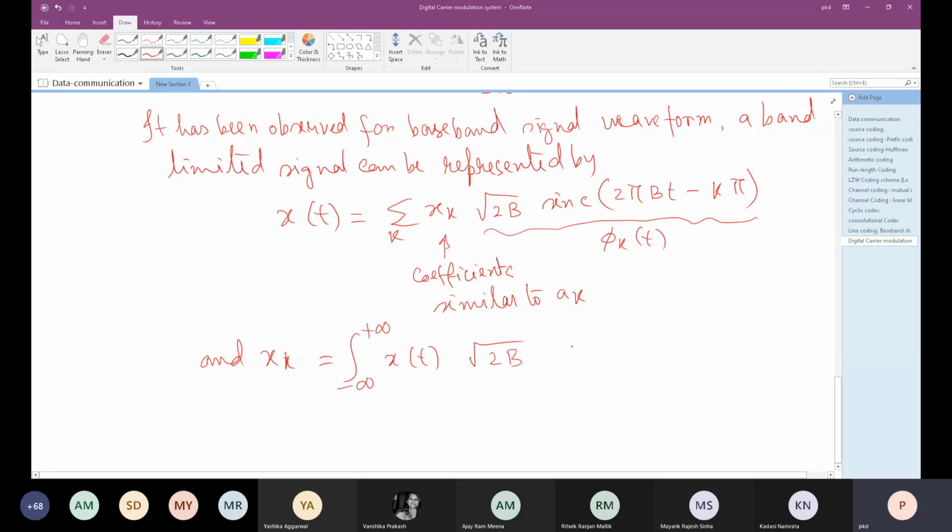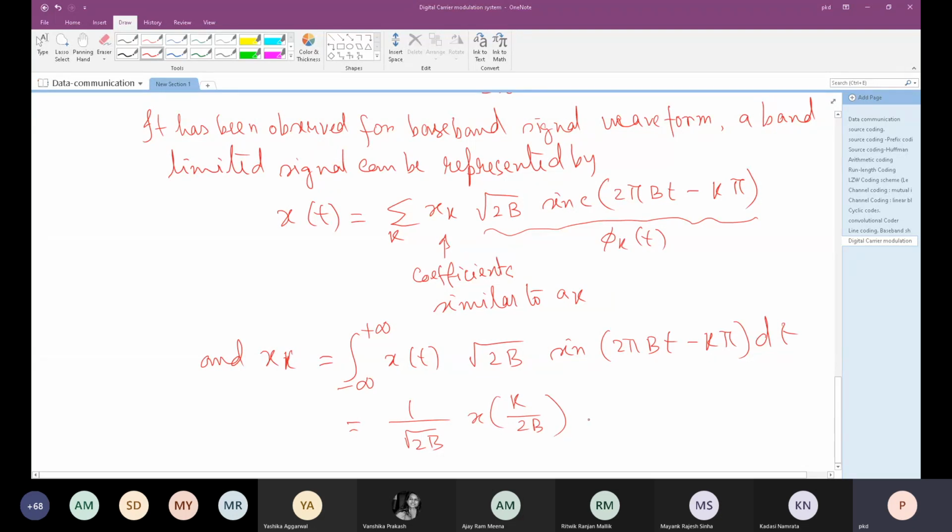If we convolve with the sinc waveform, we will get, corresponding to this position of the sinc waveform at k, the coefficient x_k. This is nothing but 1 by square root of 2B, where B is the bandwidth, times x of the sample value k by 2B.